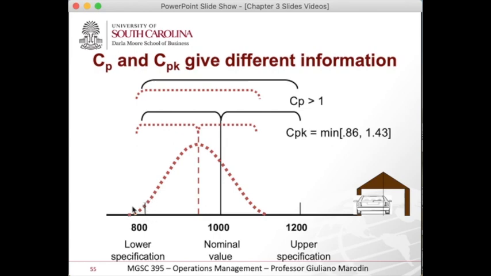It could be a 3 sigma level if you were mean centered, but now it's not a 3 sigma level because you have a lot of problems that are lower than they're supposed to be. You can see that because the CPK was 0.86. It's the minimal value between those two. What is that telling us?